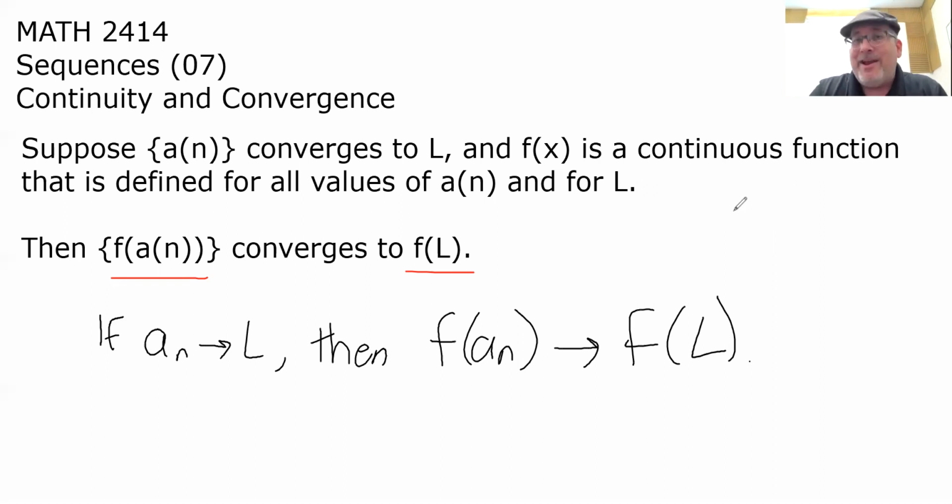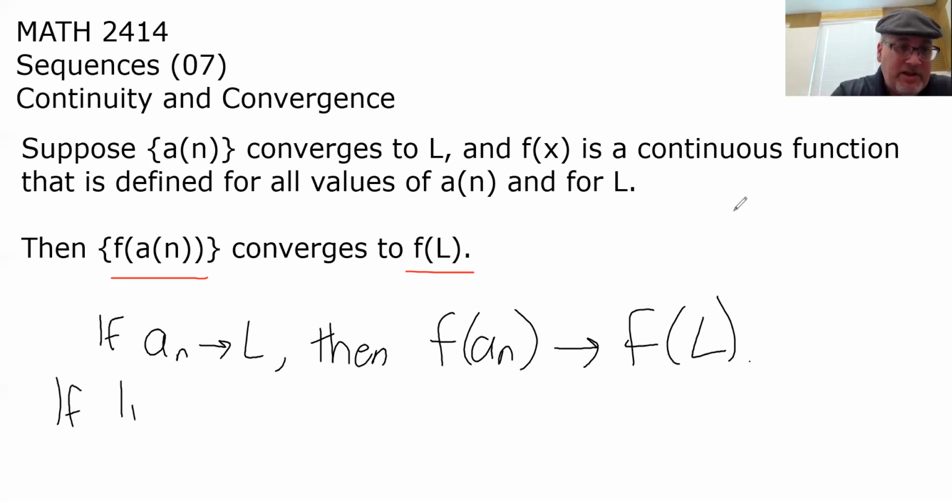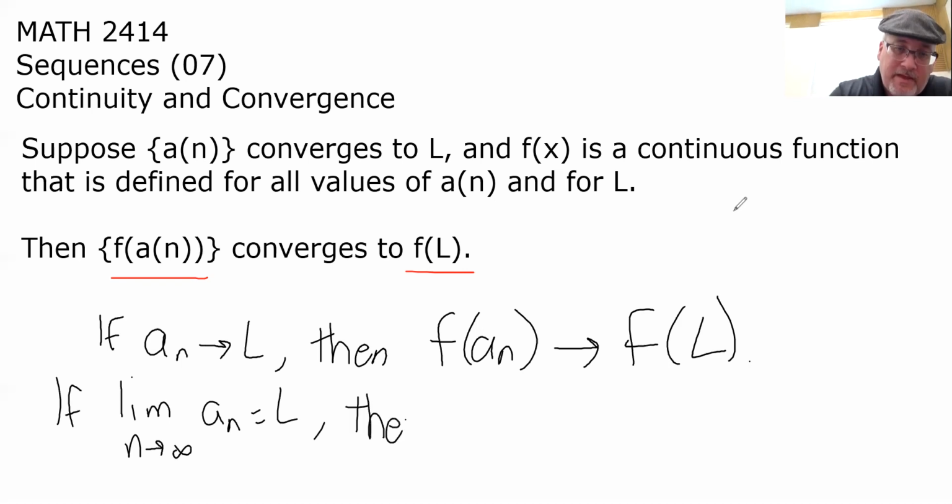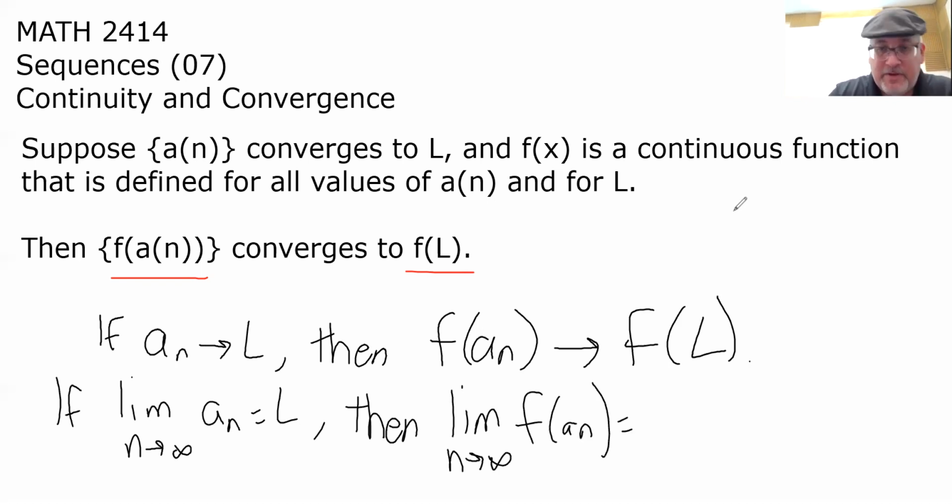What's really being said here, and this is at the core of continuity, is that when you take a limit of a continuous function, you can slide the limit inside the function. In other words, we're saying that if the limit as n approaches infinity of a_n is equal to L, then the limit as n approaches infinity of f of a_n, because the function is continuous, we can move the limit inside the function.